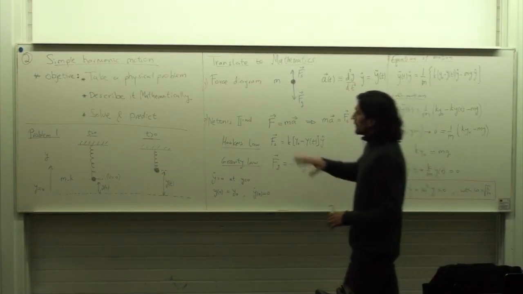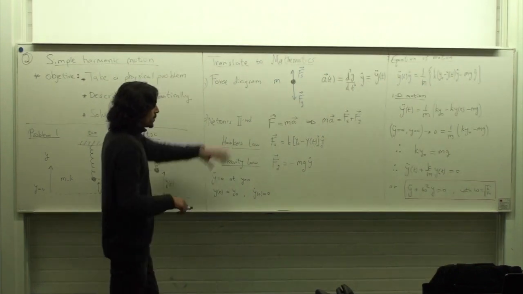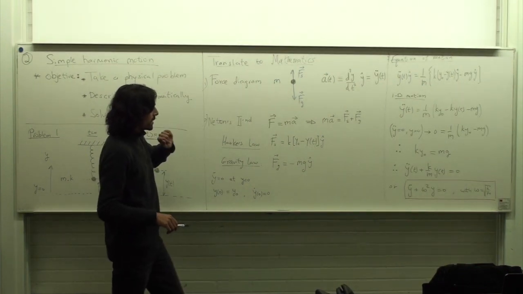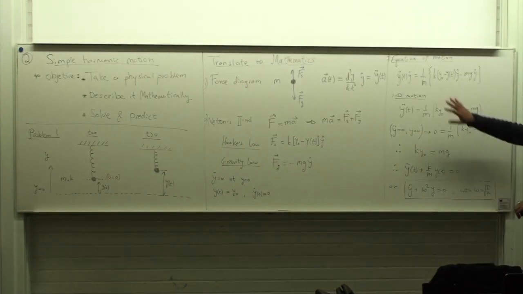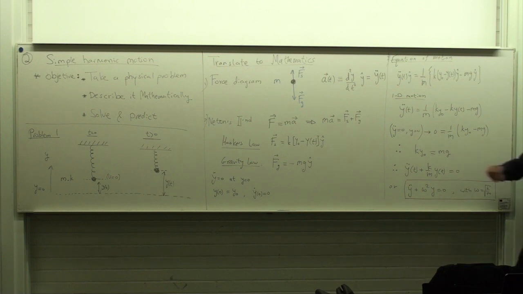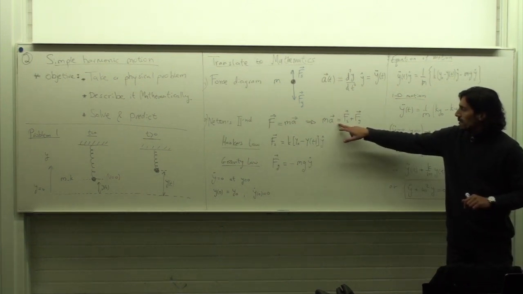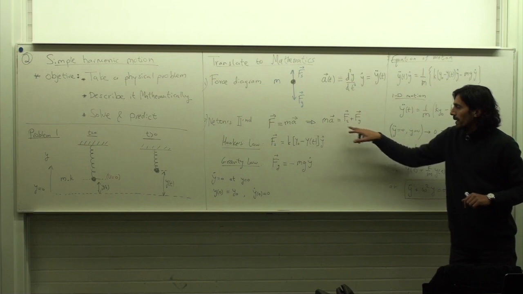Now, after we made this diagram and we know all the forces that are acting upon the object, we can write down the equation of motion. So we have a equals Fs plus Fg divided by m.